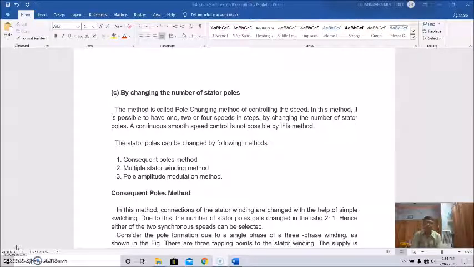So in the Electrical Machine 2 class, in the last class we discussed induction motor speed control by changing the number of stator poles.